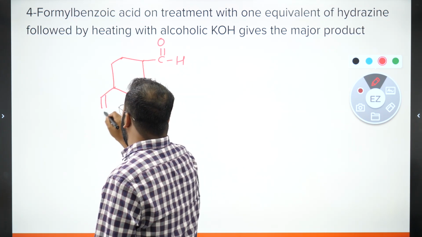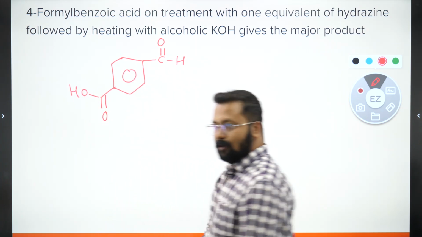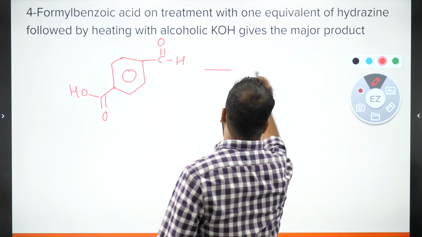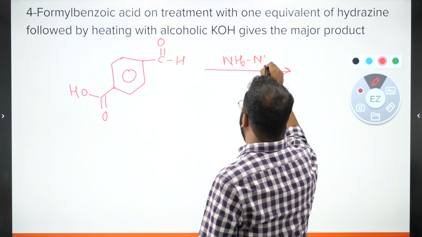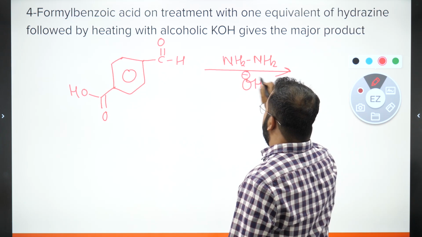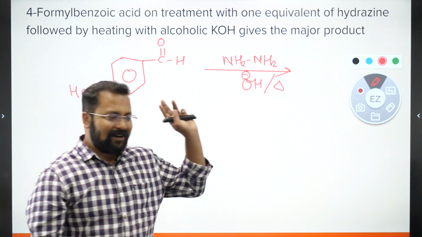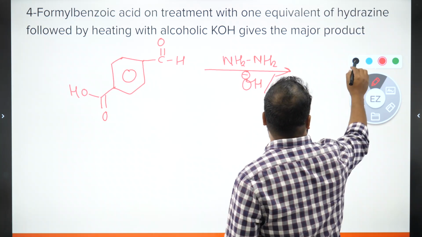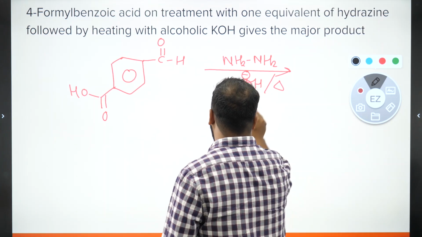This is benzoic acid. Okay, you are reacting it with 1 equivalent of hydrazine, NH2 NH2, and then OH minus followed by heating. If you have read the topic of alkanes, you must recognize this reaction. This reaction is known as Wolff-Kishner Reduction.